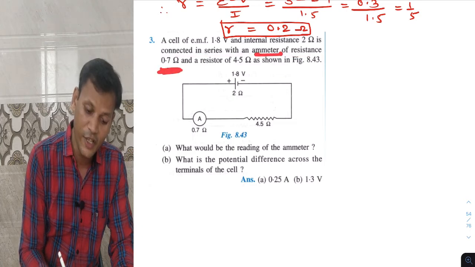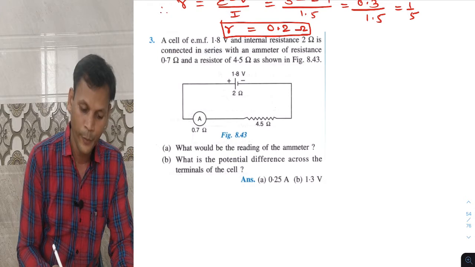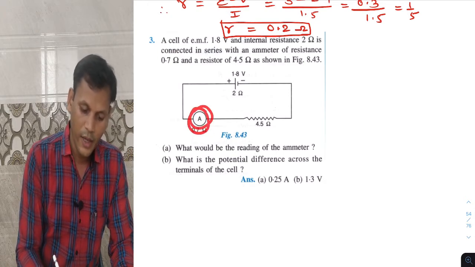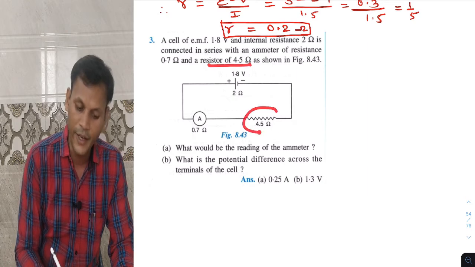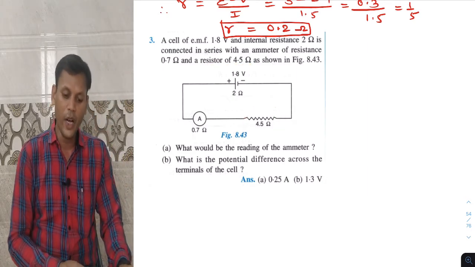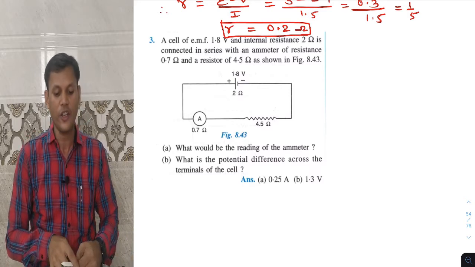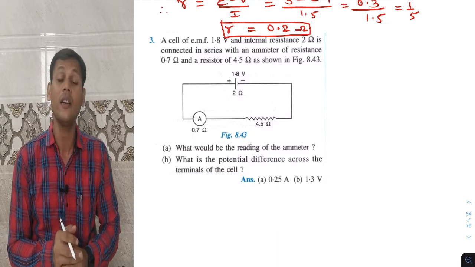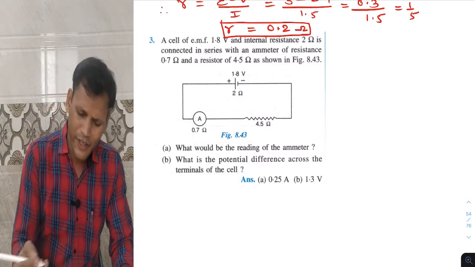This is the resistance of the ammeter, already given over here. And a resistor of 4.5 ohm. So what would be the reading of the ammeter, and what is the potential difference across the terminals of the cell? So just we can see, everything we will write.